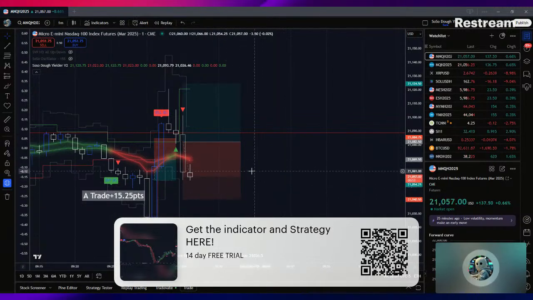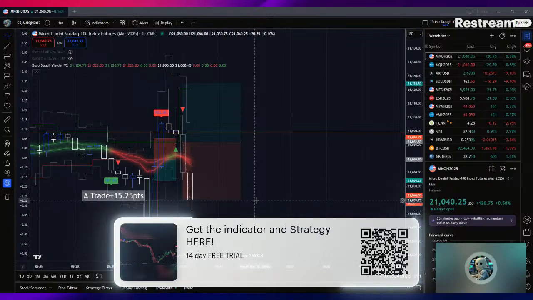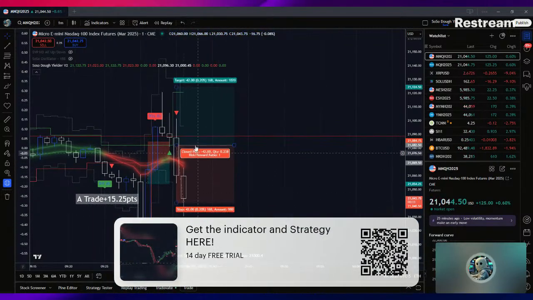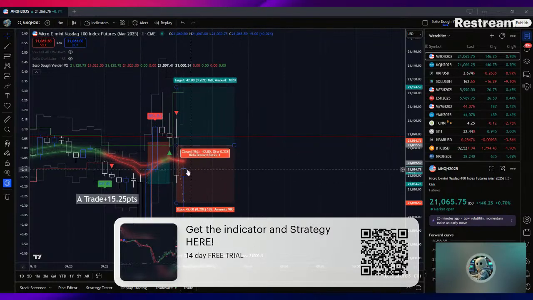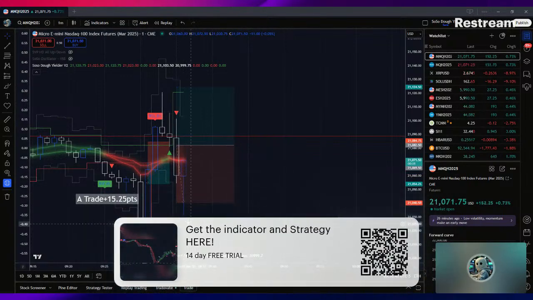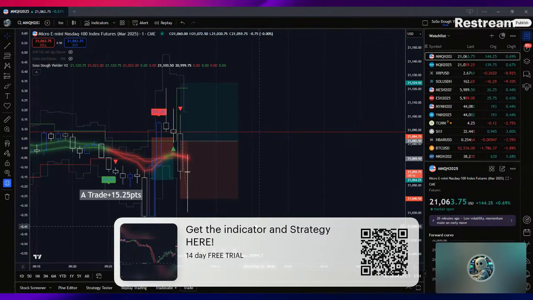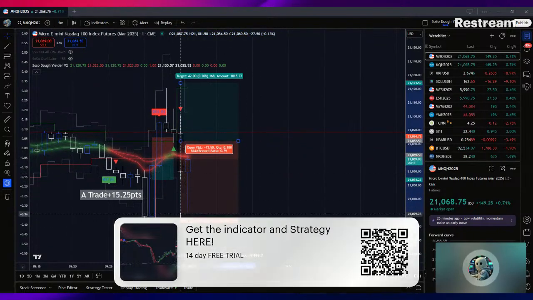Ooh, that was a big candle down, so I may actually go ahead and close that one. I probably should have had my stop down here.